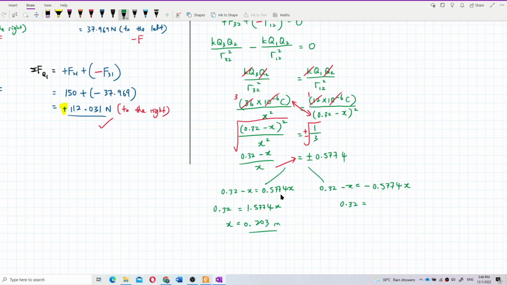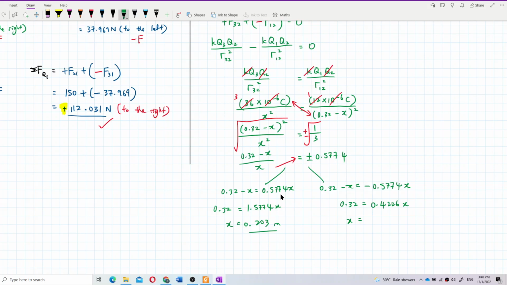Or this one, 0.32 for the second one, minus 0.5774, I get 0.4226x. Which is the answer you will get, 0.32 divided by 0.4226.